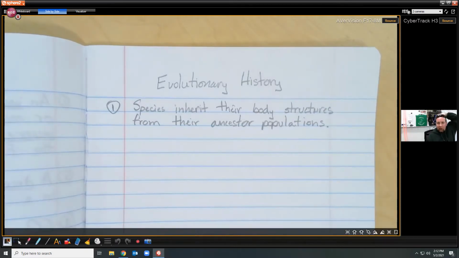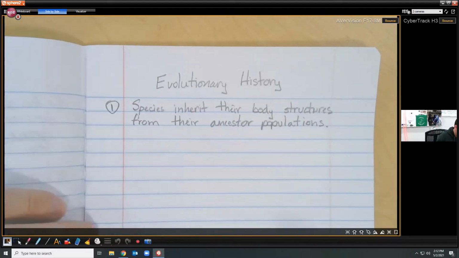Okay, so species inherit their body structures from their ancestor populations, which means if 2 species have a same or similar body structure, that means they have a common ancestor.